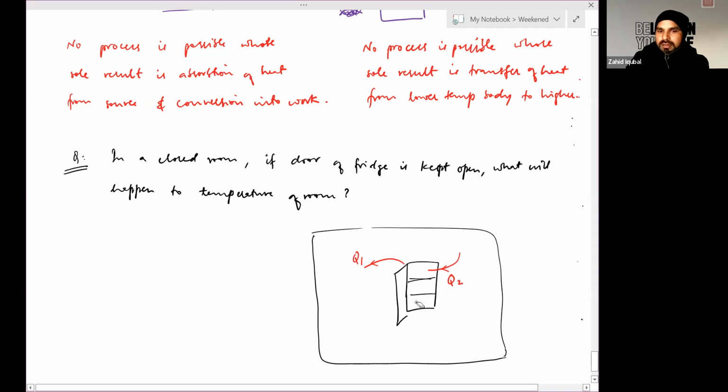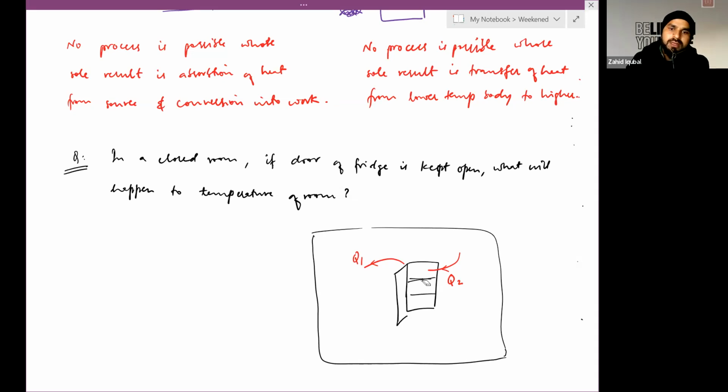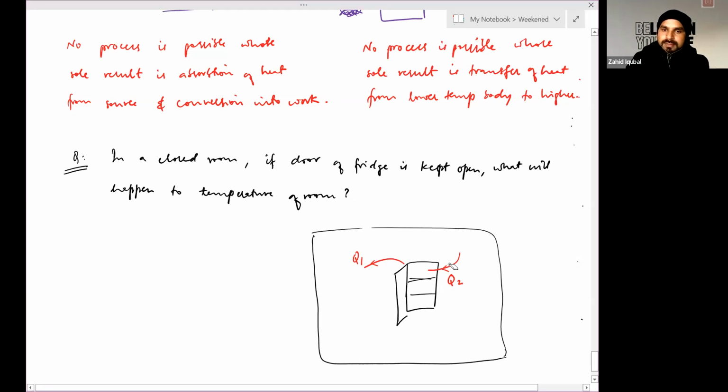By adding work from compressor, this fridge ejects out Q1 amount of heat into same surrounding. So for each cycle, it keeps on adding amount of work by compressor to this particular surrounding, which will be responsible to increase its temperature. Hence, temperature of this particular room would increase after some time. Saifullah, is it clear now? Yes, sir.